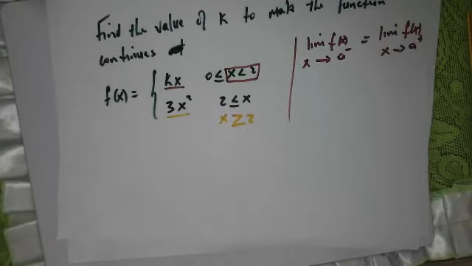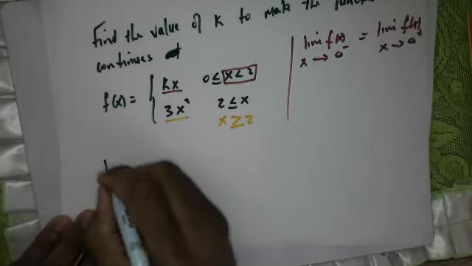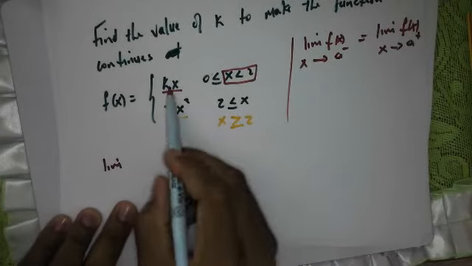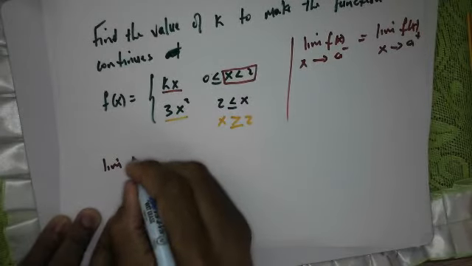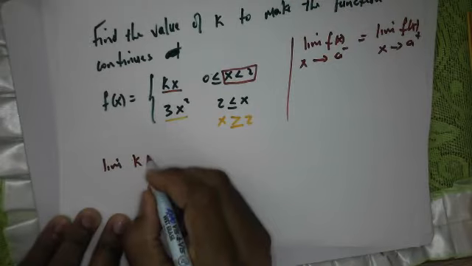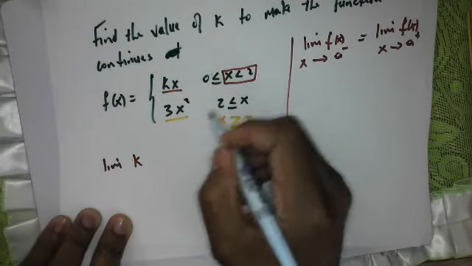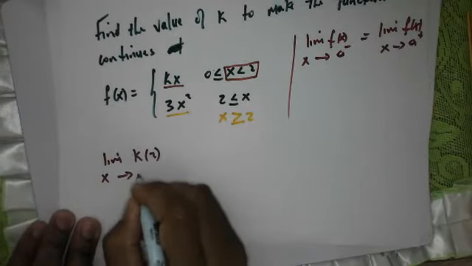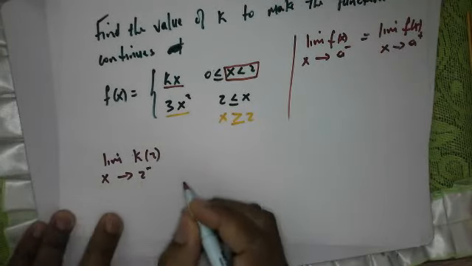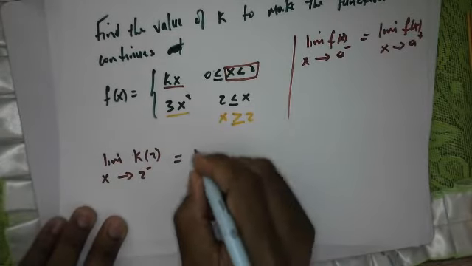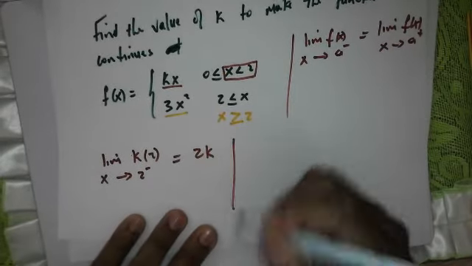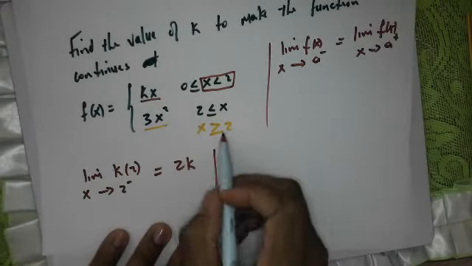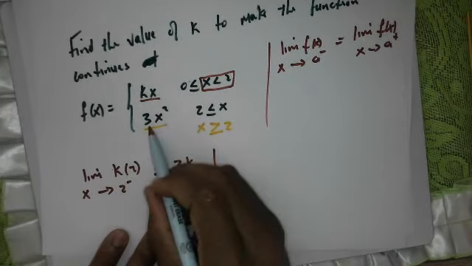So the limit of f of x from the left side would be this function. So that would be the limit of k times our a value, which is 2, because that is the number that is common in here. So that is k times 2, as x approaches 2 from the left side. So this would just give us k times 2, that is 2k. It must equal, let's take it from the right side now. From the right side is when the sign is pointing to the right, which is this function.